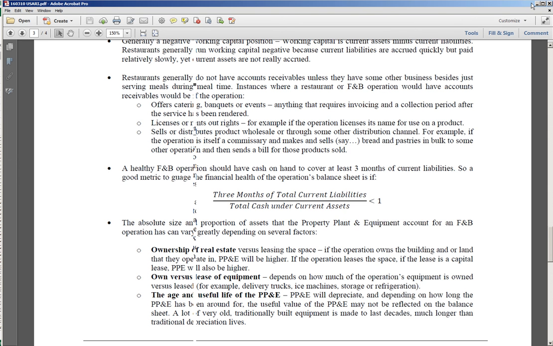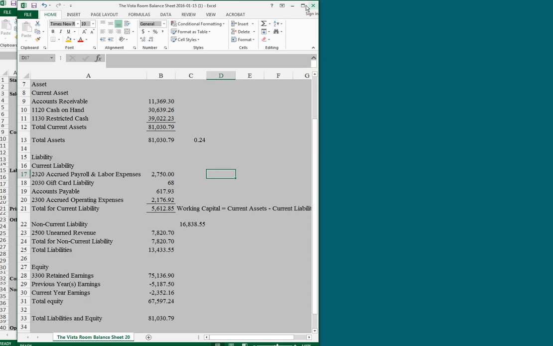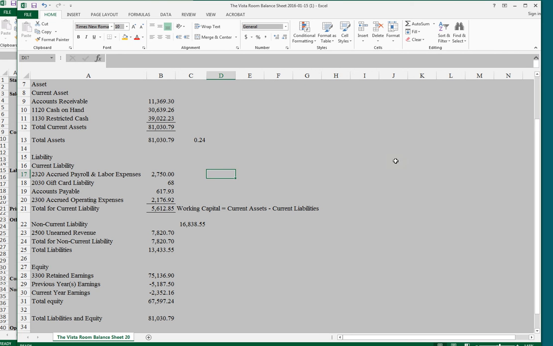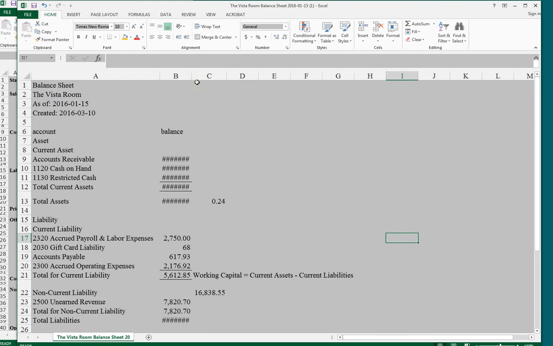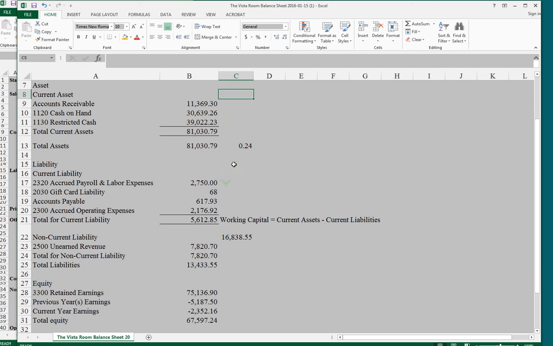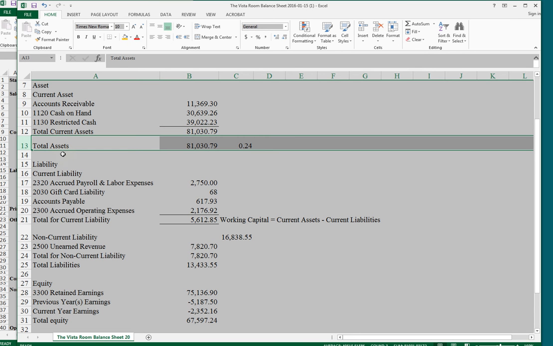And remember, back on the Vista Room balance sheet we have several odd things to take note of. One is that we have a lot of total current assets relative to our liabilities. We have no long-term assets listed on the balance sheet because the university owns all of our long-term assets.